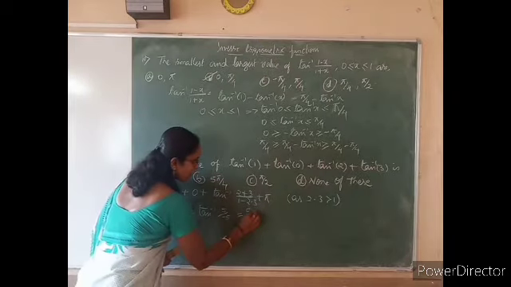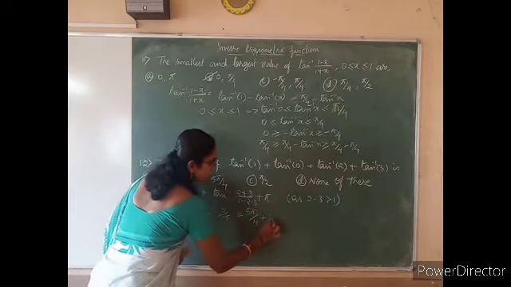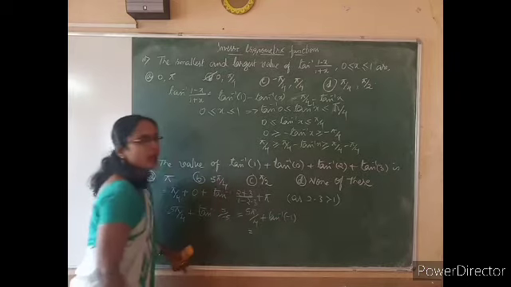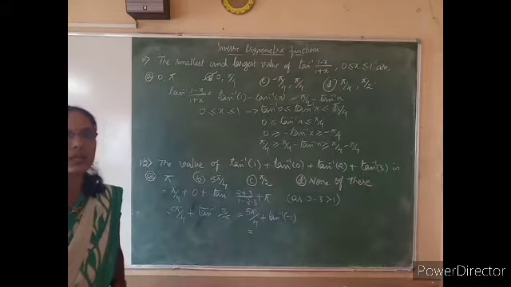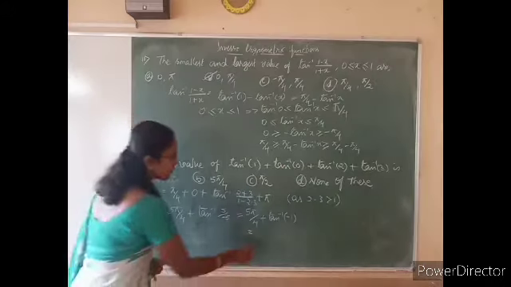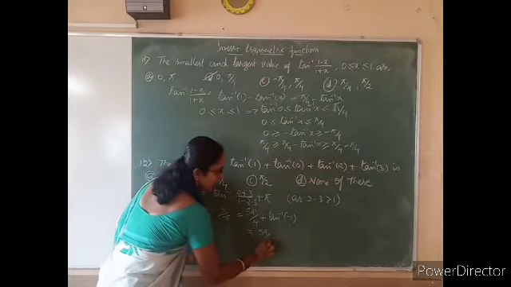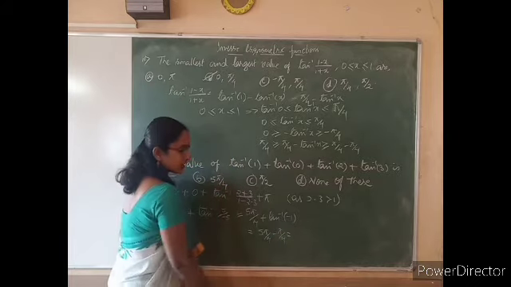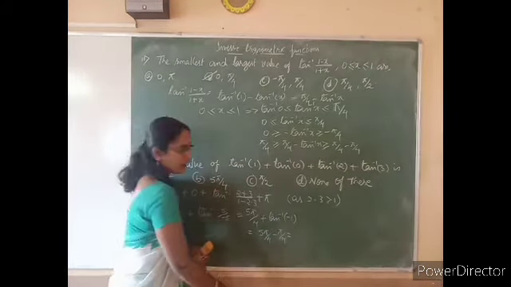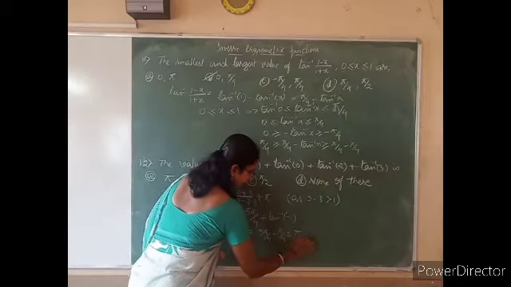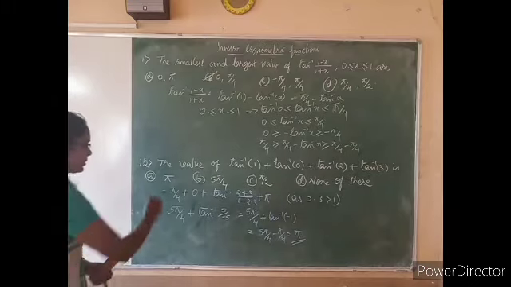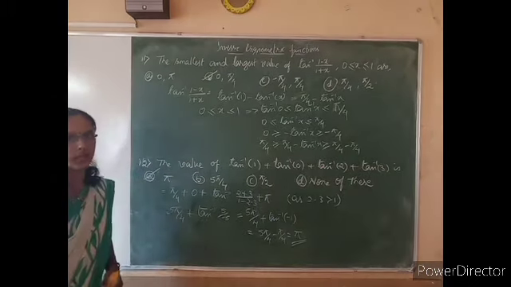So 5 pi by 4 plus tan inverse of minus 1. Tan inverse of minus 1, you know, that is minus tan inverse of 1. Tan inverse of 1 is pi by 4. So this value will be 5 pi by 4 minus pi by 4. So the value is equal to 4 pi divided by 4, which is pi. So that is the value of the given expression. That is the option A.